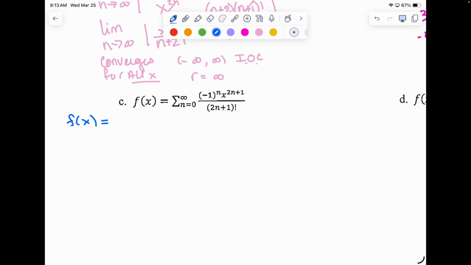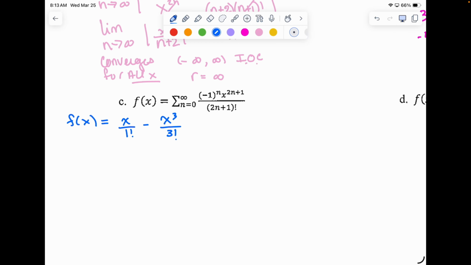The other part, I'm starting with n equal to 0, so I end up with x to the first over 1 factorial. My alternating, now it goes to negative. My n value is 1 at this step, so I have x to the third and 3 factorial.